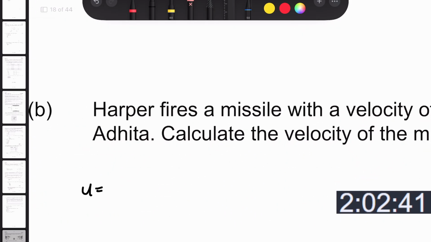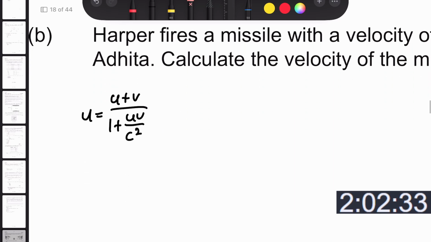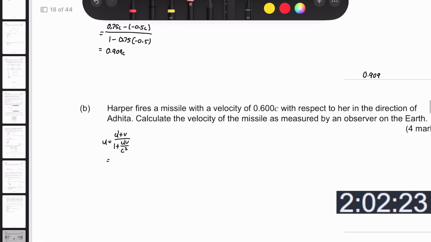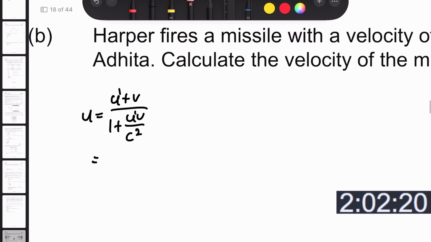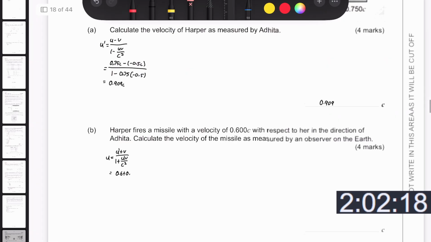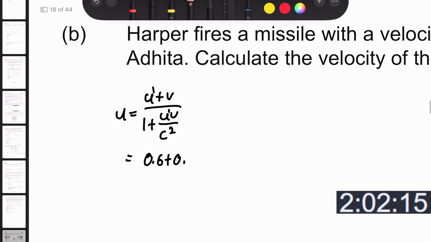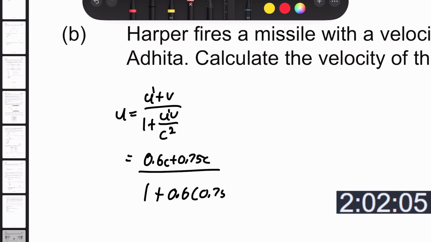So now u is going to be equal to u plus v all over 1 plus uv over c squared. Wait, no, this one. So in that frame of reference, it's going at 0.6 c, and then Harper is moving at 0.75 c. So 0.6 c plus 0.75 c, all over 1 plus 0.6 times 0.75.